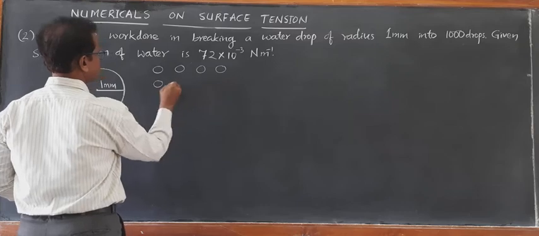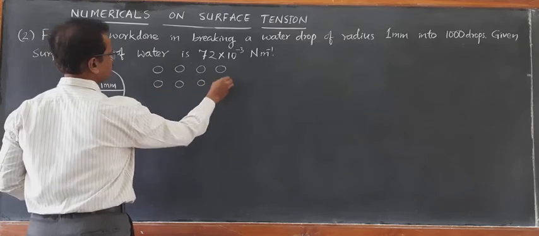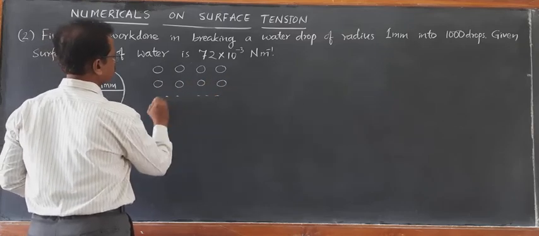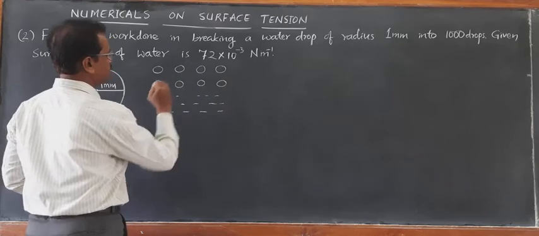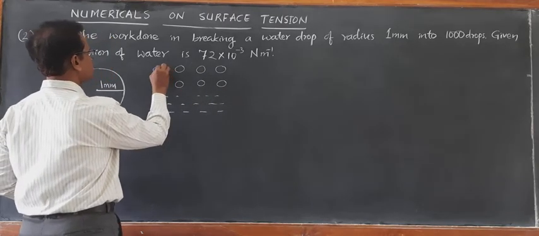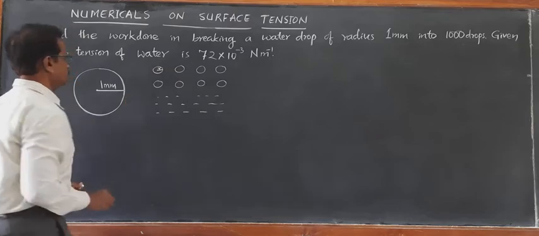I am drawing this for your understanding. Like this, there are 1000 tiny drops, each of radius, let us say, small r.